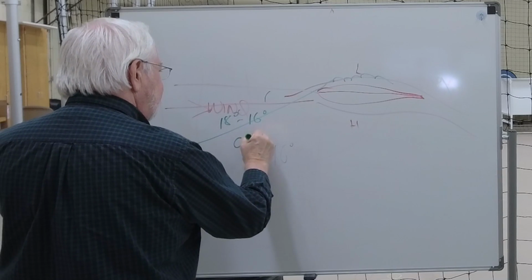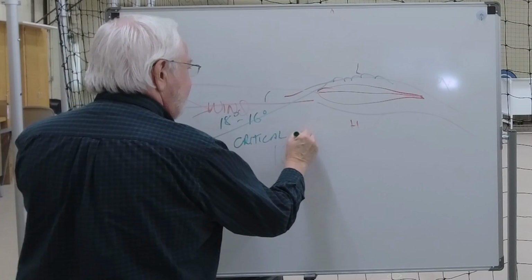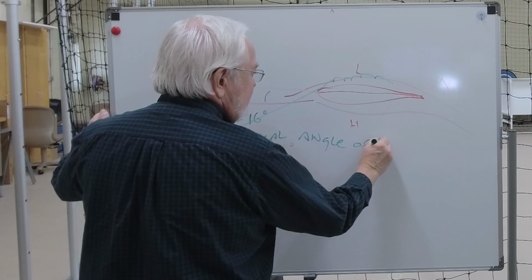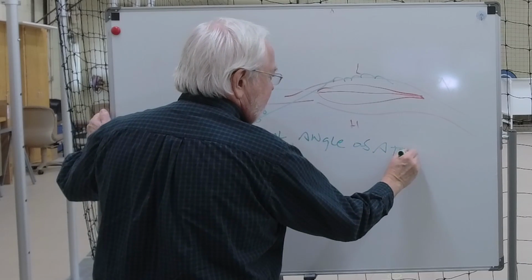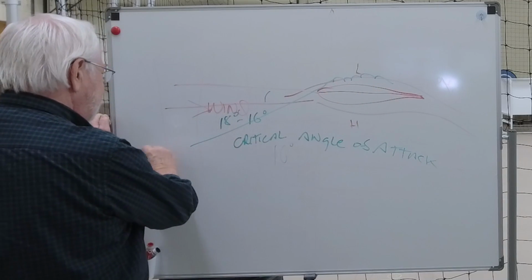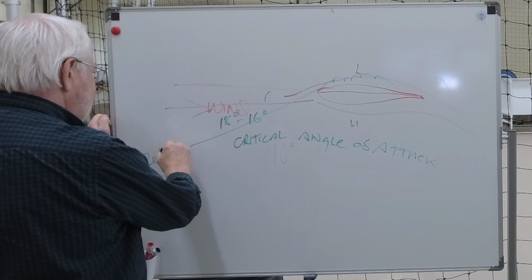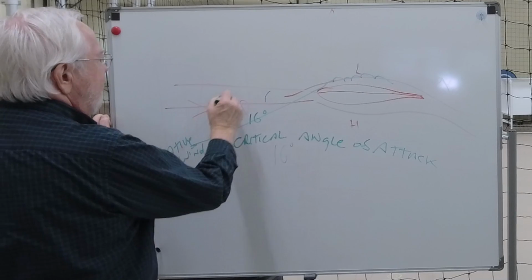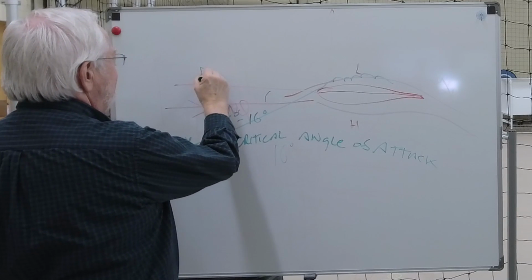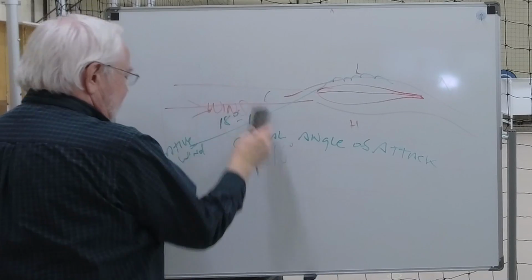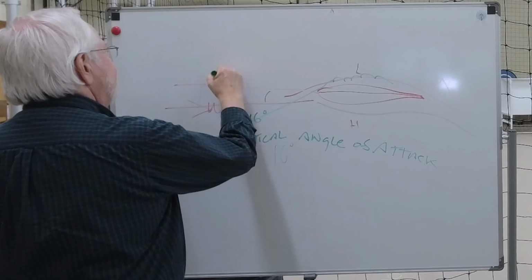Critical angle of attack, and that's just the angle between the relative wind and the wing, or airfoil is a better word, airfoil chord line.